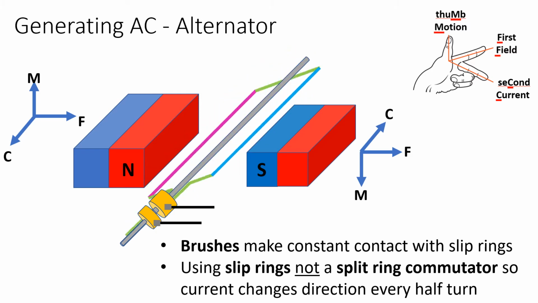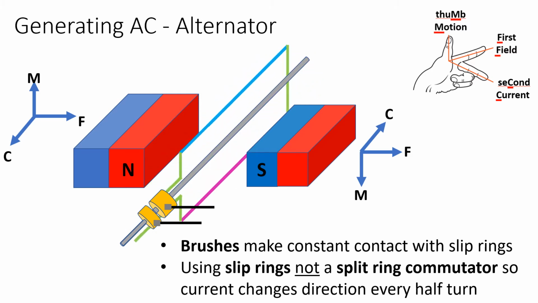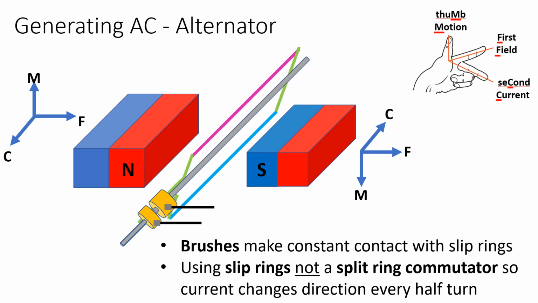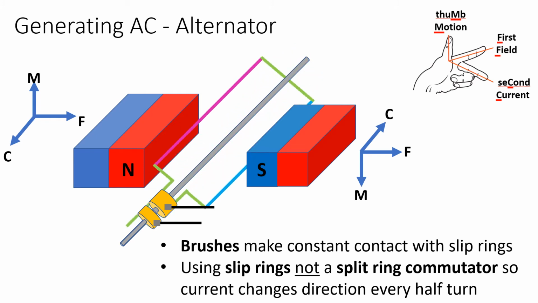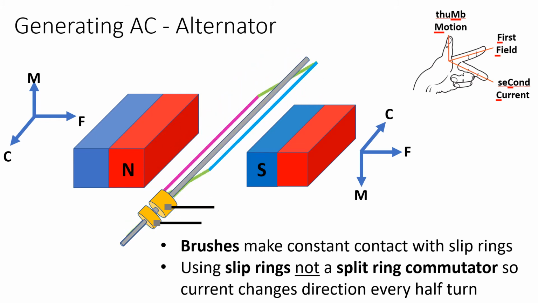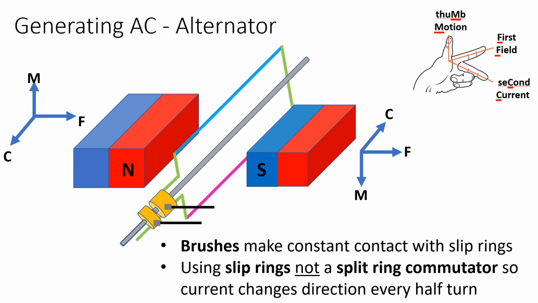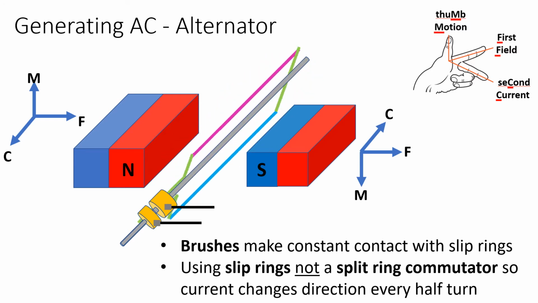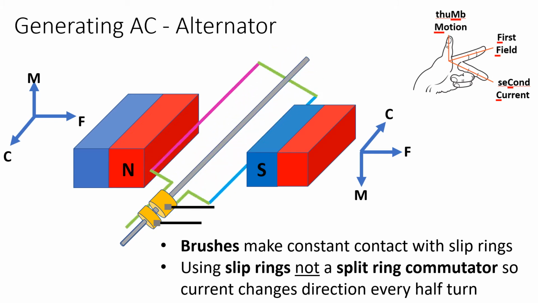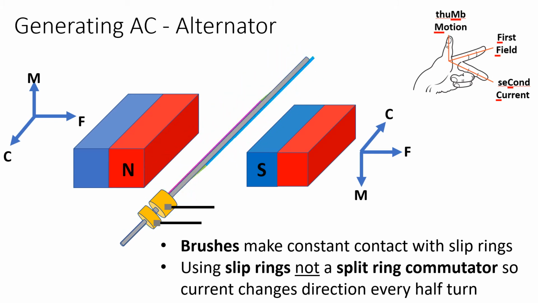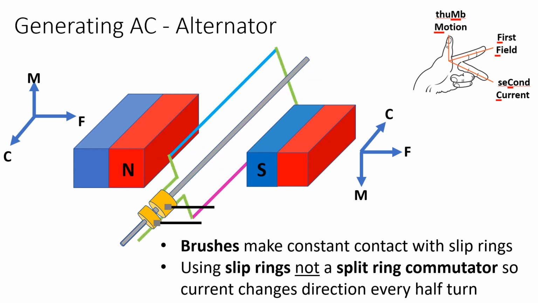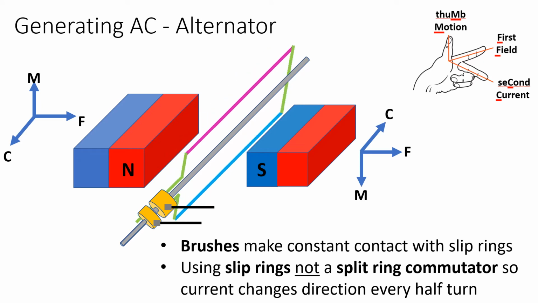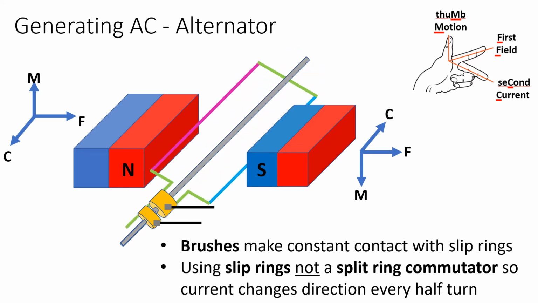What we have is two separate slip rings, and the two separate slip rings mean that the blue wire and the pink end of the wire or coil are always connected to that particular slip ring. So if you look, the blue side is slightly shorter, is connected to the first of the two, the larger of the two slip rings, and the smaller slip ring has the pink side of the coil going down and making contact with it.